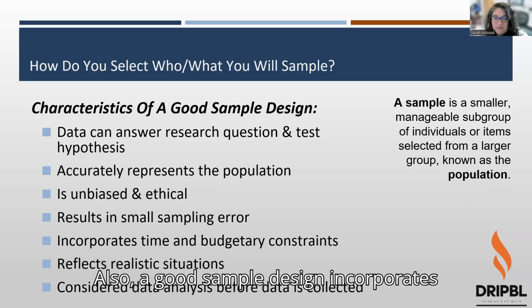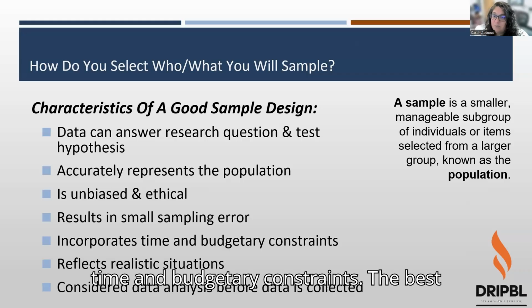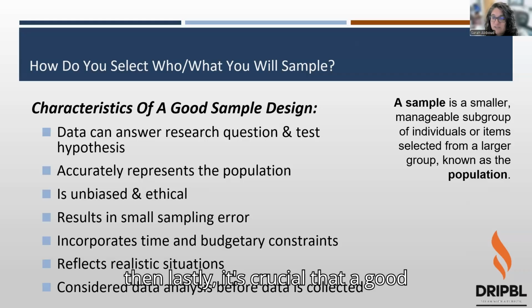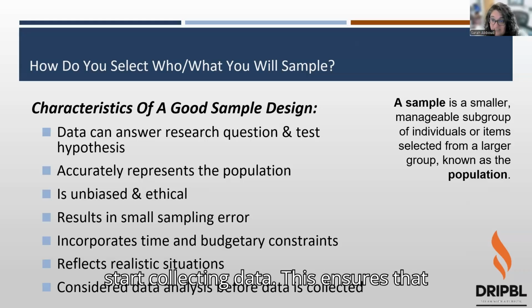Also, a good sample design incorporates time and budgetary constraints. The best design, in theory, isn't useful if it's impossible to implement. And we want it to be realistic, to ensure findings are applicable. And then lastly, it's crucial that a good sample design considers how the data will be analyzed before we even start collecting data.